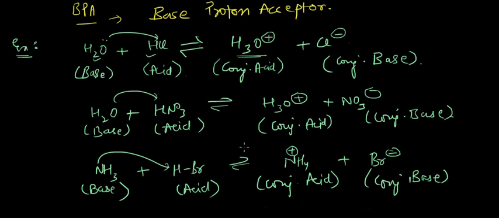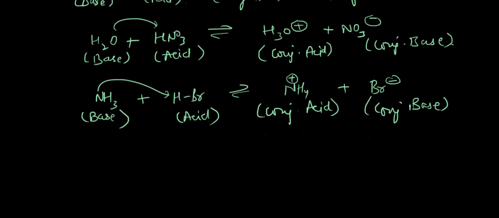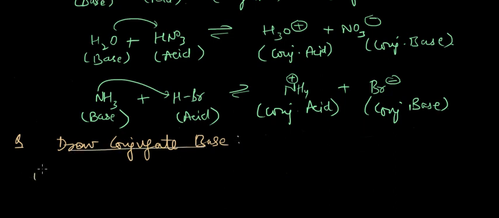Okay, so for the next set of questions I am writing some acids, you need to draw conjugate base out of them. Draw conjugate base. This is your task. So for H2O, the conjugate base would be H3O plus.